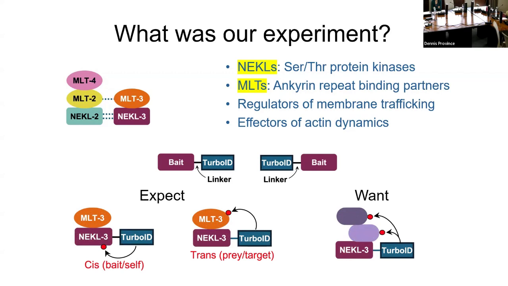NECL3 binds to MOLT3, so you also expect this trans biotinylation event to occur, another great internal control for your experiment. And since these sort of form a complex and do overlap, you might expect these other guys to be biotinylated, although maybe to a lesser extent. So this is what you really want out of it, right? You want to find things that bind NECL3 or are somehow associated with it, even indirectly, and pull those out of your screens.